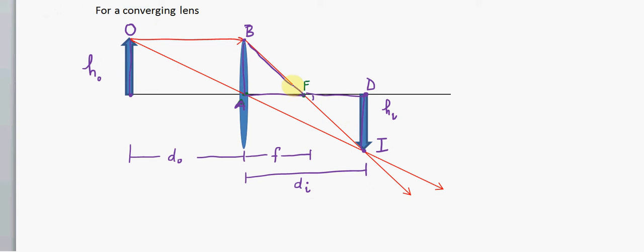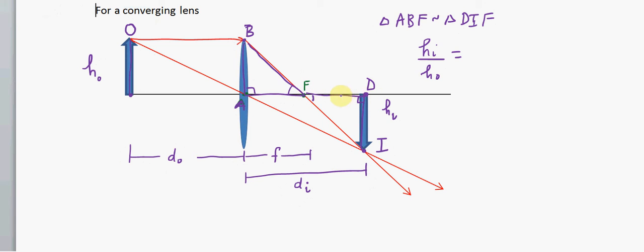These two angles here are vertical angles, so they're congruent. You have 90-degree angles here, so those are congruent. So the two triangles must be similar. So triangle ABF is similar to triangle DIF. And so we can then make some similarity or proportion statement. So we can say that H sub I, that's this height, over H sub O, that's the object height, is equal to this length, which is DF.